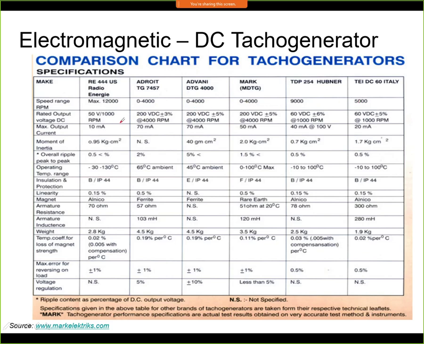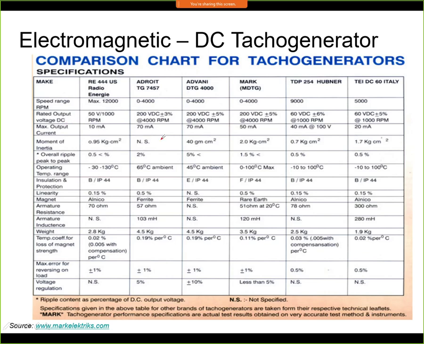Now we know that the dependence between speed and voltage is linear, so we need to know only the slope. It's typically specified like this: rated output voltage at some speed. For this sensor, at 1000 RPM I will have 50 volts output voltage. Remember, this is a DC voltage.